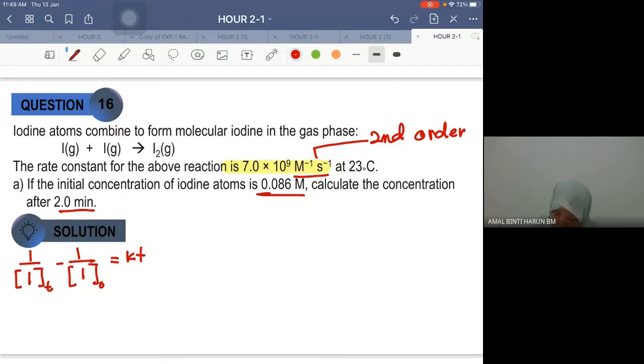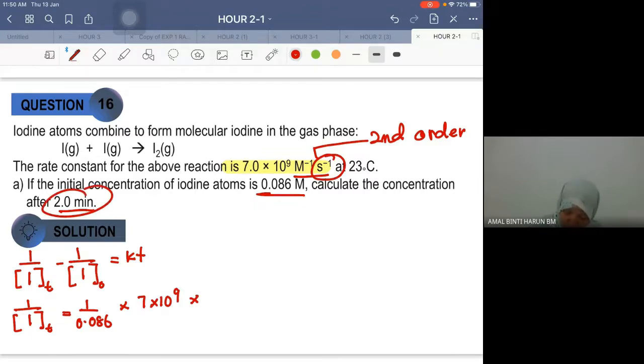So 1 over this one equal to 1 over 0.086 plus K, 7 eksponen 9, times T. So ini dalam unit second. T dia 2 minit. So tukarkan 2 minutes kepada 120 saat.